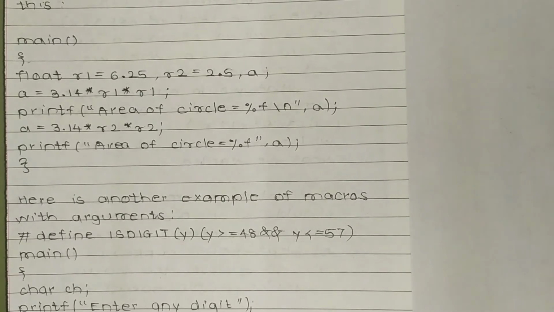Now a = 3.14 * r1 * r1. printf("Area of circle = %f\n", a). Now a = 3.14 * r2 * r2. printf("Area of circle = %f", a).